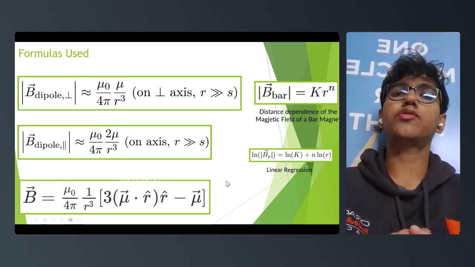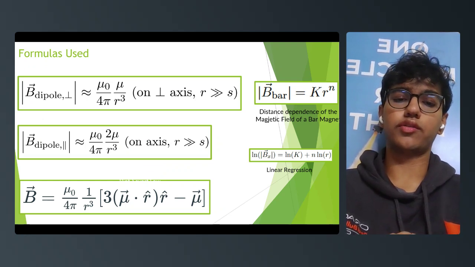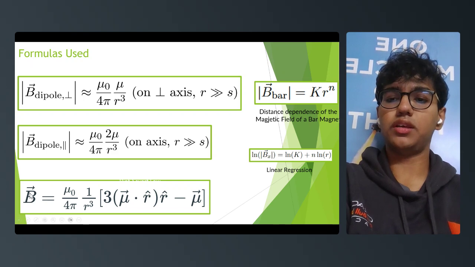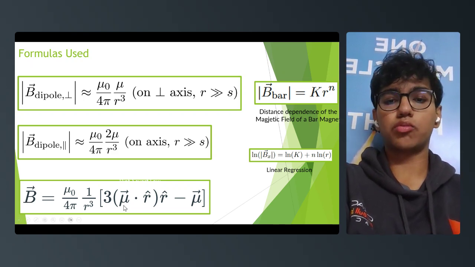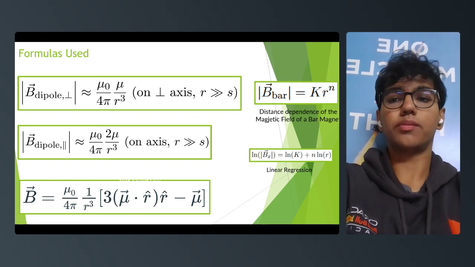So we use formulas to analytically measure the magnetic field at different points in this lab. The main formula used is this one below, B, that relates the magnetic field of a dipole with μ, the dipole moment, and r, the distance vector.